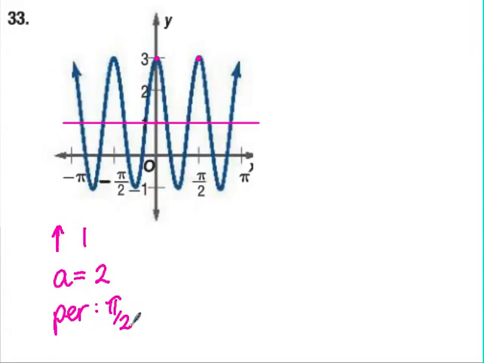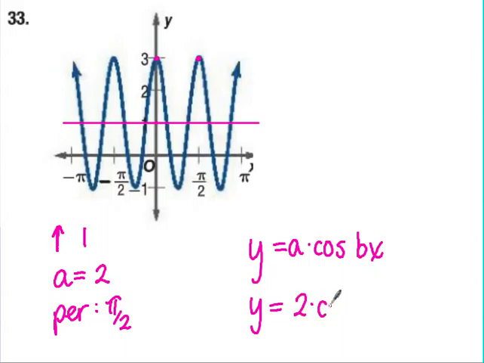So for the equation I'm going to use, am I going to use a cosine or a sine? Cosine because it starts at a high point. So y equals, in this case, y equals my amplitude, which is 2. Okay, got to figure out what b is. So remember, 2 pi over b equals pi over 2.